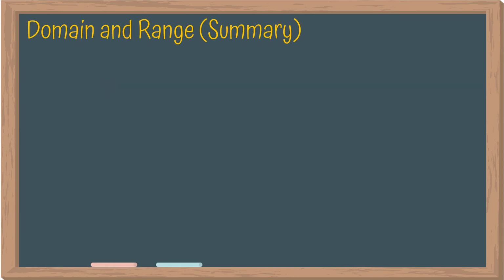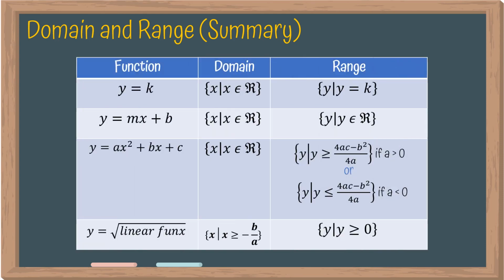To summarize our discussion, let me show you this table. As you can see here, for the first three functions, we have a linear function in the form y is equal to k, also known as a constant function, a linear function in the form y is equal to mx plus b, and a quadratic function. The domain will be the same, and that is the set of real numbers since we do not have any restrictions in the domain.